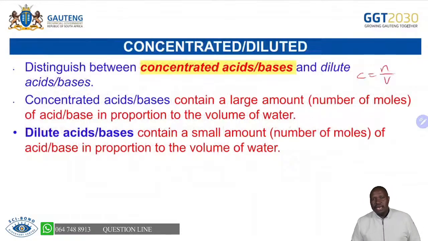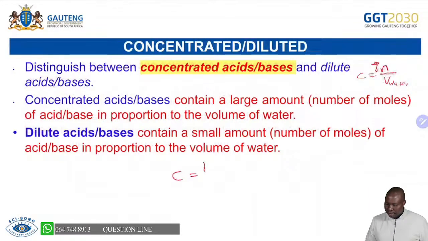When you say concentrated, we are saying we have a large number of moles per unit volume, or a large number of moles in proportion to the volume of water. That's how we define concentrated. So just go to the formula of concentration, C equals n over V, and remind yourself that concentrated means a large number of moles per unit volume in proportion to the volume of water.